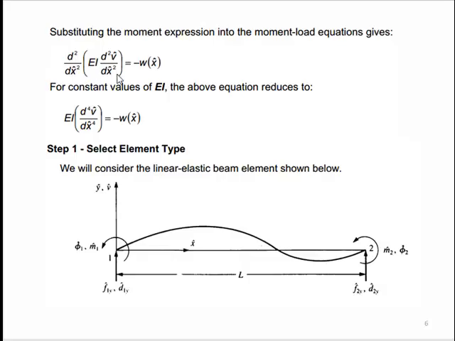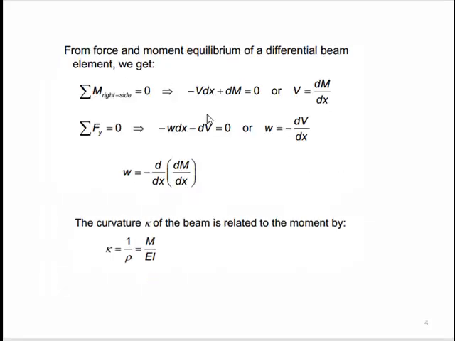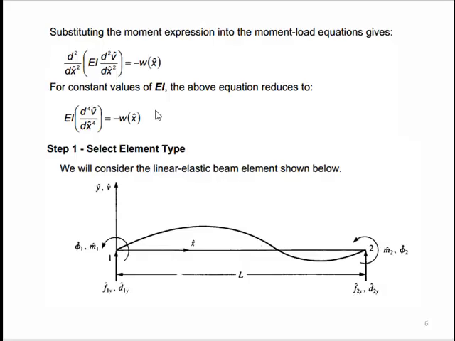Basically, here we are using this relationship: W is equal to double derivative of M with respect to X. And we have plugged in the expression for M, and we have got this expression. So for constant values of EI, the above equation reduces to this form. So if we take the fourth derivative of the displacement, we get the load. Okay, so that's the relationship between the load and the displacement.